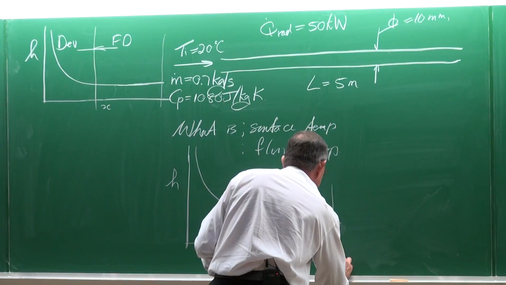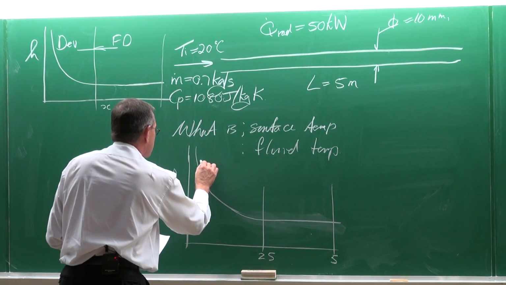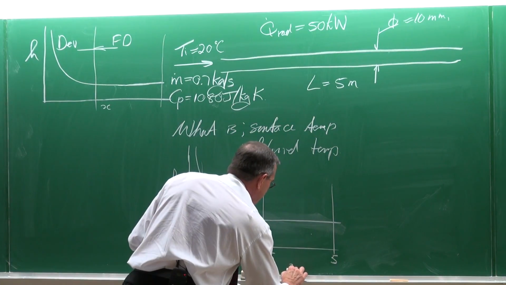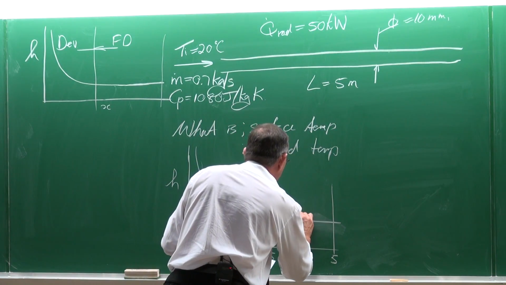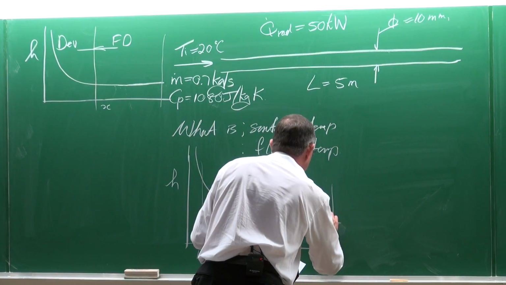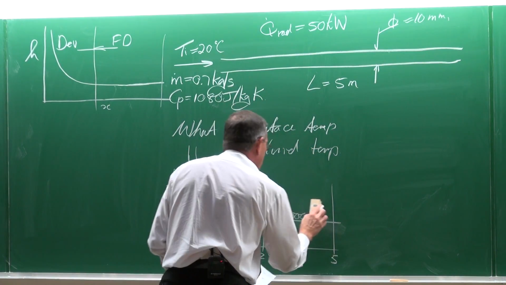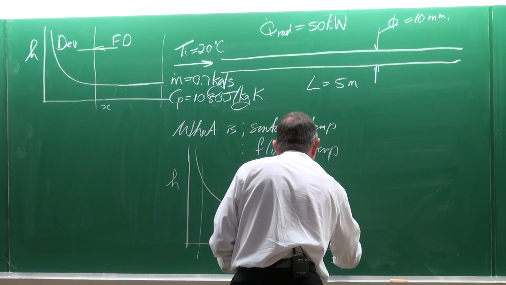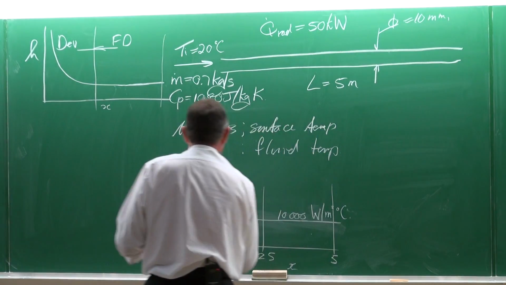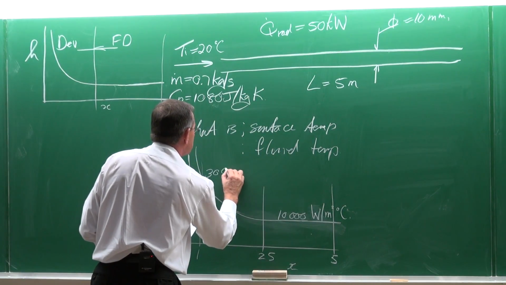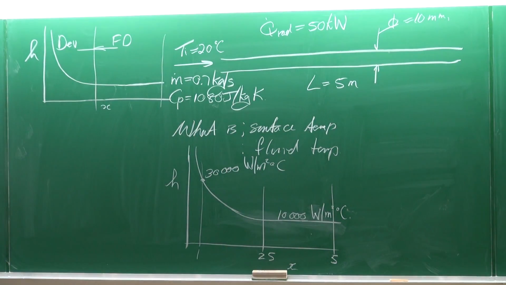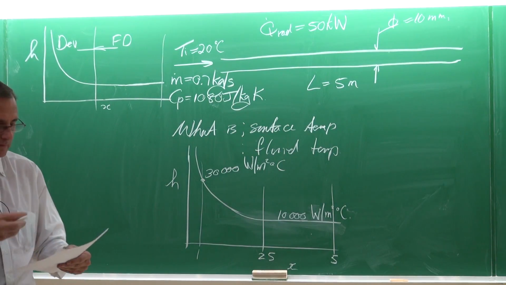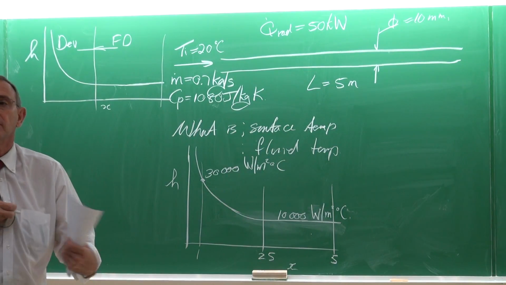This is 5 meters, that's the total length, and here is 1 meter, so that is x. From 2.5 meters to 5 meters, the heat transfer coefficient is 10,000 watts per square meter degree Celsius. And at this point here, the heat transfer coefficient is 30,000 watts per square meter degree Celsius. So this is given. Can you understand the problem?